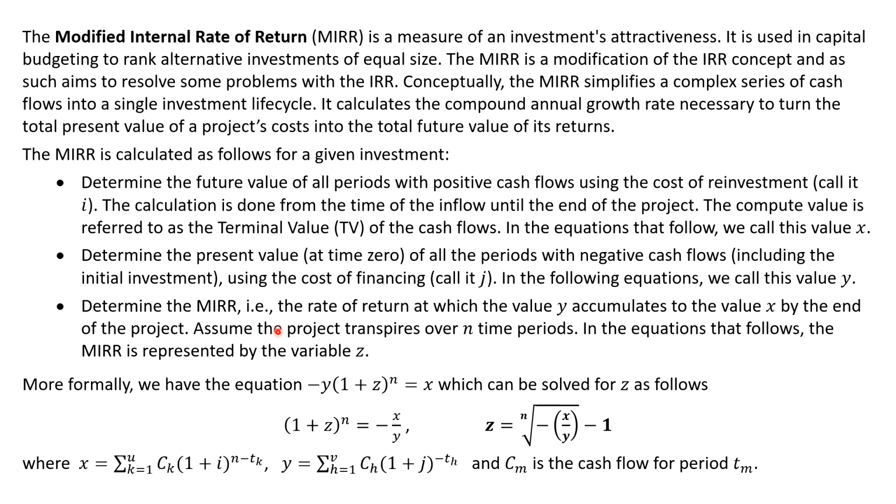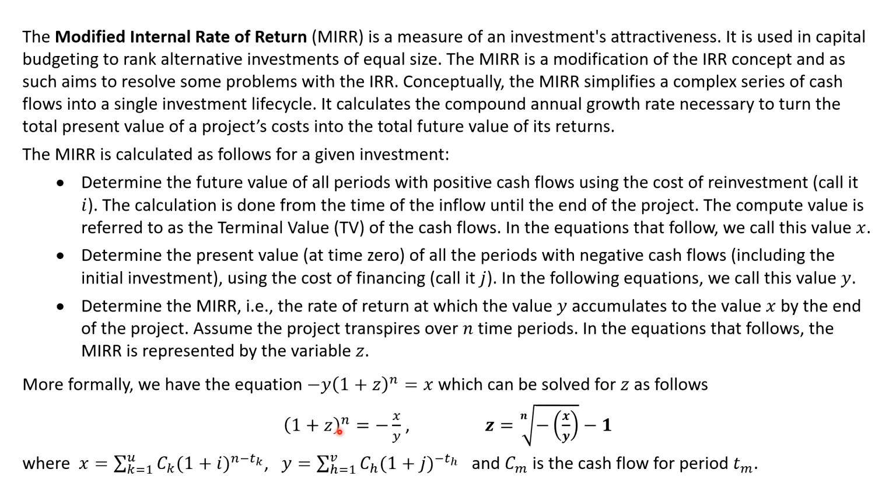And so once we have these two, the MIRR is the rate of return at which the value Y accumulates to the value X by the end of the project. So that's what you have here. And you notice there's a minus sign because Y is negative, so that makes this positive. And then this would be how much you accumulate from your Y to the end of the project, compounding each of the end periods, and the rate is Z. So you're looking for Z. That's what the MIRR is.